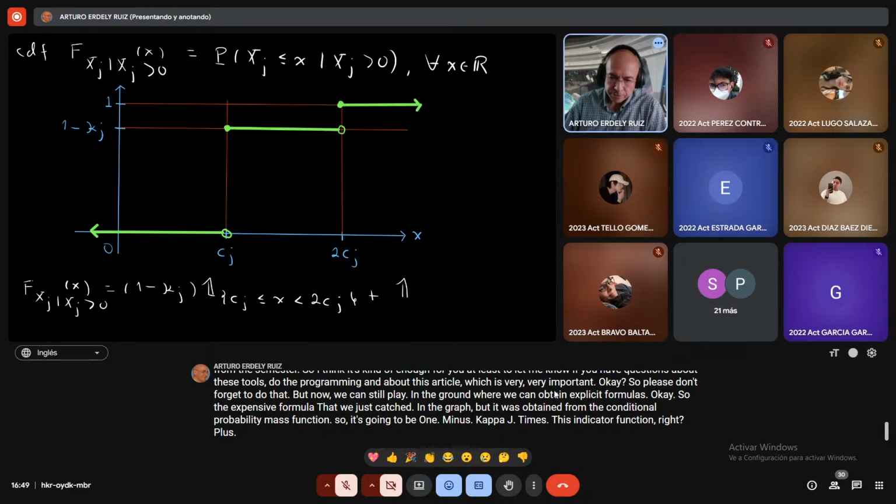Plus the indicator function of x being greater or equal than 2CJ, right?